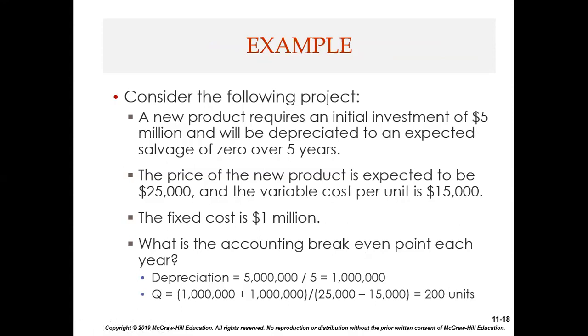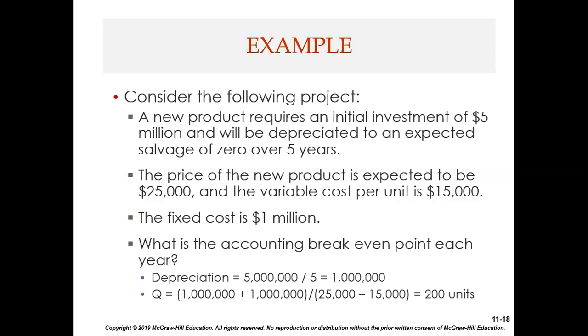Consider the following. A new product requires an initial investment of $5 million and will be depreciated to an expected salvage value of 0 over 5 years. The price of the new product is expected to be $25,000, so that's how much they're selling it for. The variable cost per unit is $15,000. The fixed cost is $1 million.